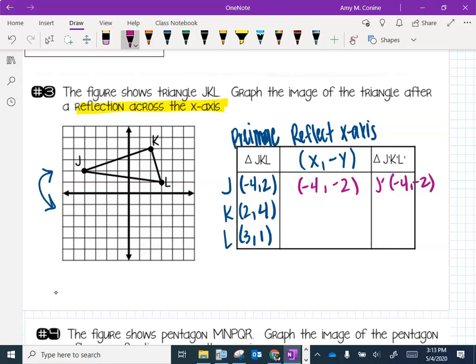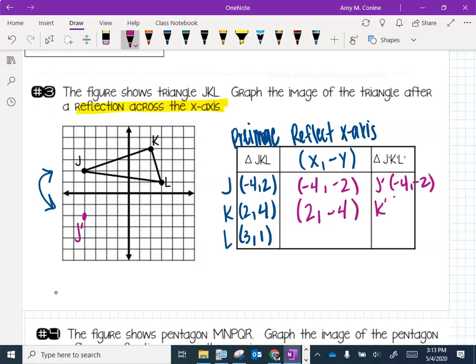So let's take a look. So if I'm flipping it down, it should be the same distance away on the top as it is in the bottom. So when I show that, my J prime should be right there, at -4, -2. So for K, my x is going to stay the same, but I'm going to take my 4, make it the opposite, or multiply by -1.